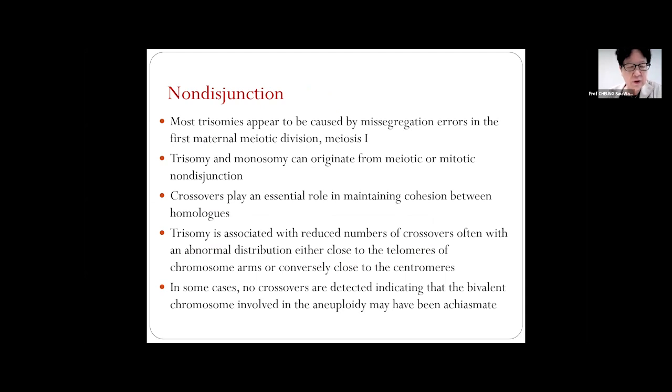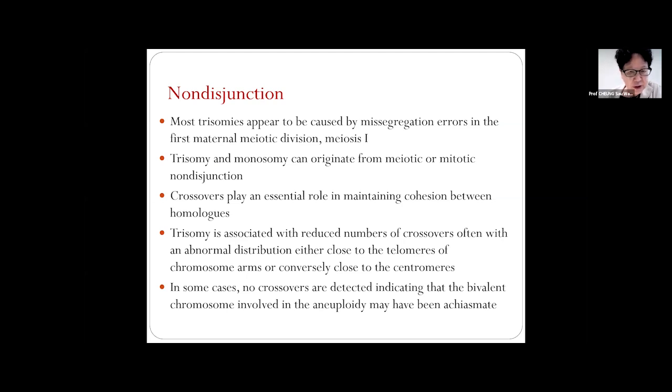Most trisomies appear to be caused by missegregation errors in the first maternal meiotic division, meiosis 1. Trisomy and monosomy can originate from meiotic or mitotic non-disjunction. Crossing over plays an essential role in maintaining cohesion between homologs.